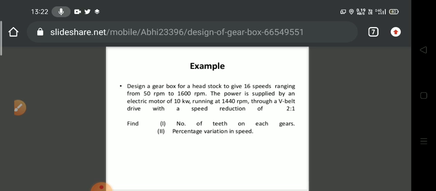The numerical is: design a gearbox for a headstock to give 16 speeds ranging from 50 rpm to 1600 rpm. The power is supplied by an electric motor of 10 kilowatt running at 1440 rpm through a V belt drive with a speed reduction of 2 to 1.